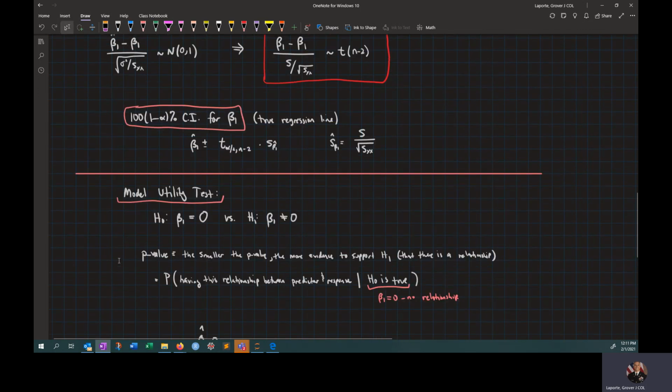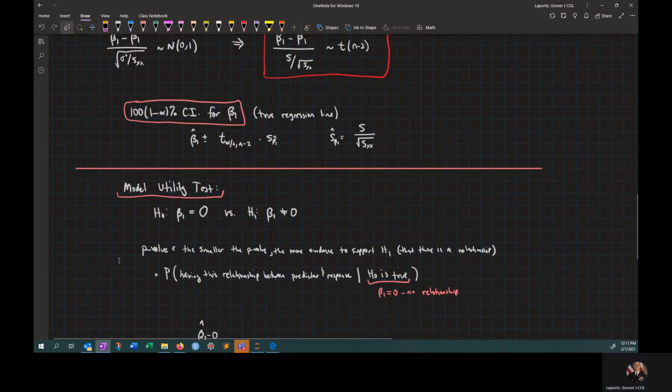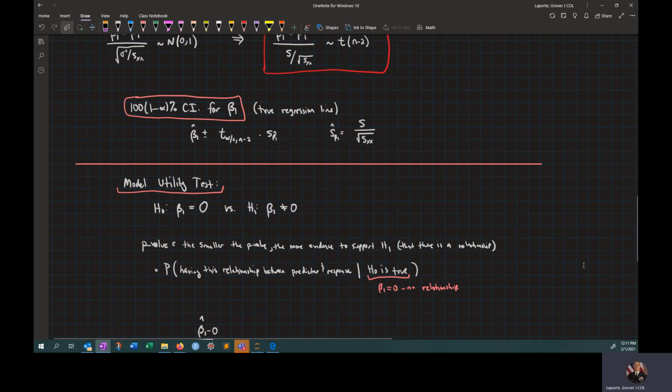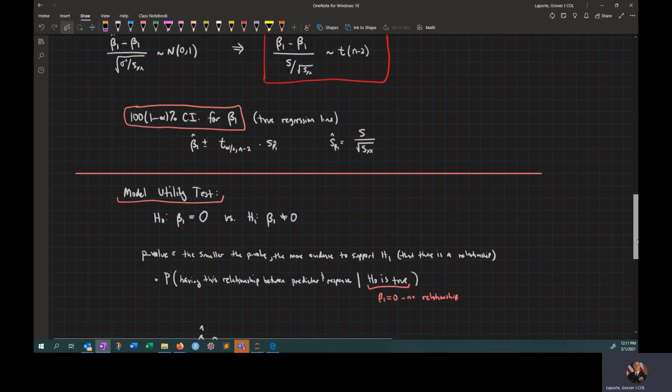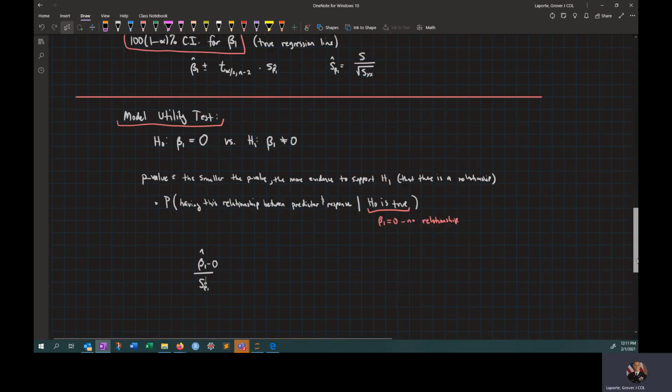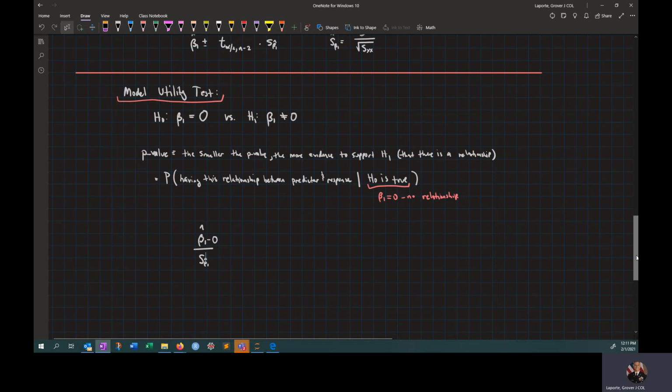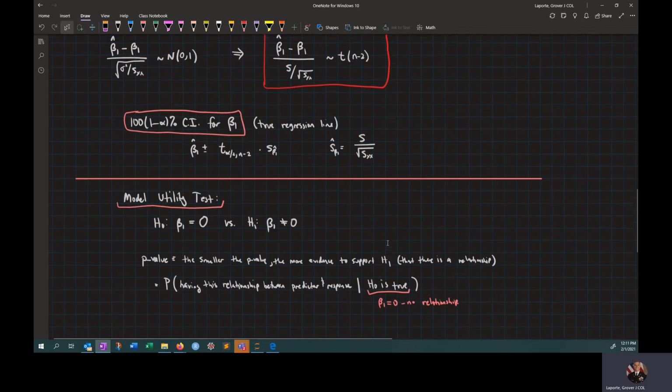Let me start up here instead. We're going to say beta 1 hat minus beta 1, all divided by S over the square root of SXX.